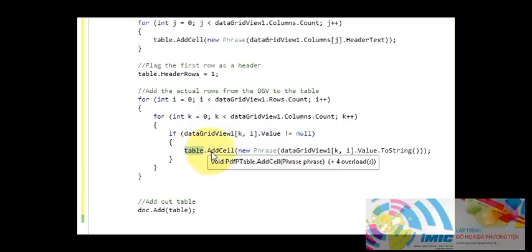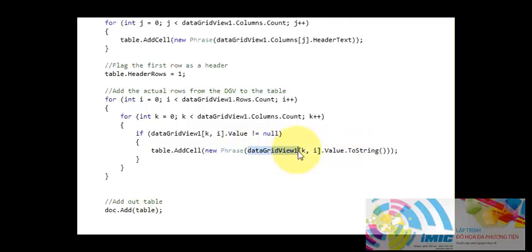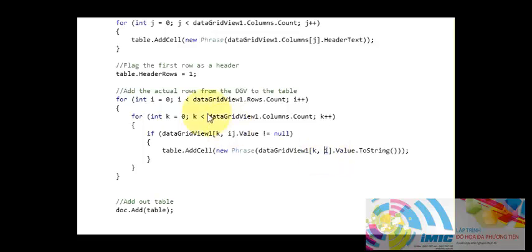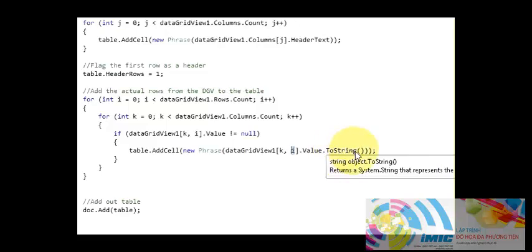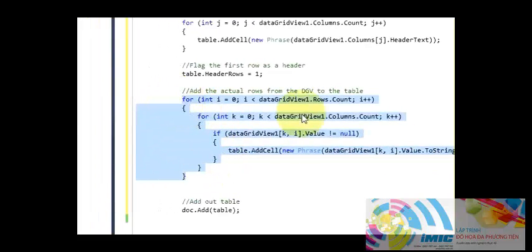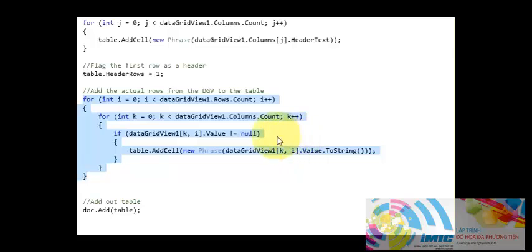So write table.AddCell, and in the bracket write new Phrase, and once again in the bracket dataGridView1, which is the name of your DataGridView, and inside the array pass these k and i variables, k for the column for loop and i for the row for loop, .Value.ToString. Okay, so this is the whole for loop for the two-dimensional array.